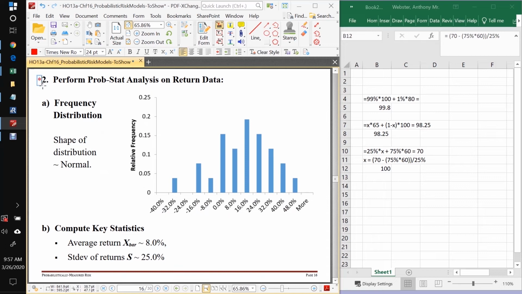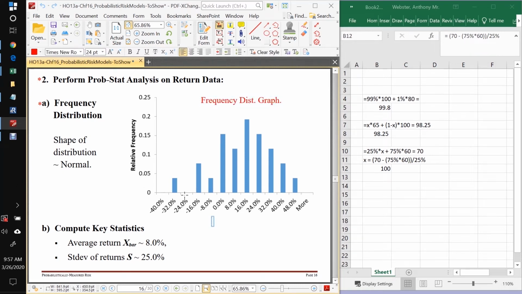Step number two is, now that we have all these returns, let's do a probabilistic statistical analysis on this data. Always a good thing to do when you're analyzing a random variable and you have some historical data is to create a frequency distribution. So here's our frequency distribution graph.